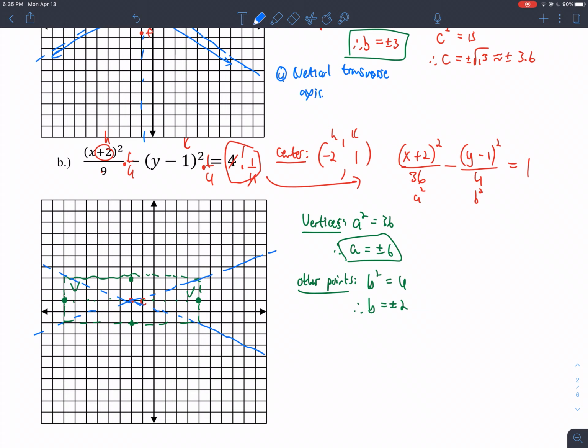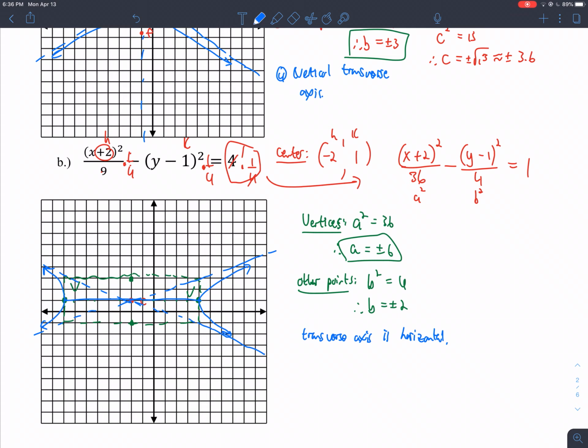Now I actually have enough information to draw my hyperbola because I have the asymptotes that it approaches. There are my two branches. It's a horizontal transverse axis because x squared is in the front. If you want to, you can say the transverse axis is horizontal. Technically you should be able to write an equation for that.